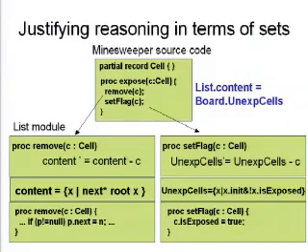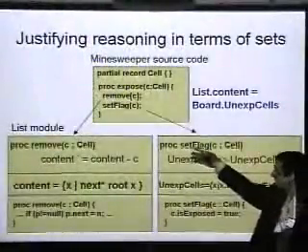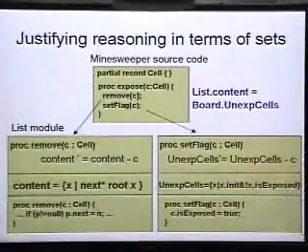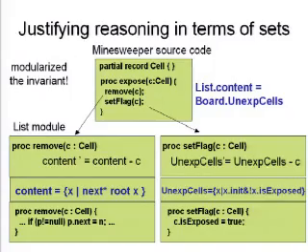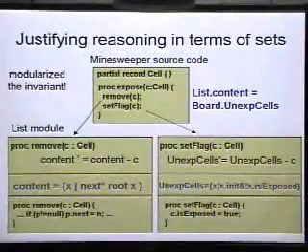So if we have these three parts, basically the specification, definition of the set, and the implementation, then you can see that the high-level invariant, together with definitions, actually gives us the original detailed invariant, right?